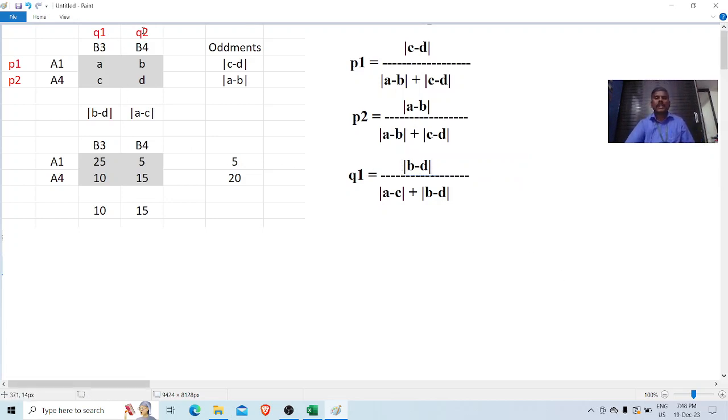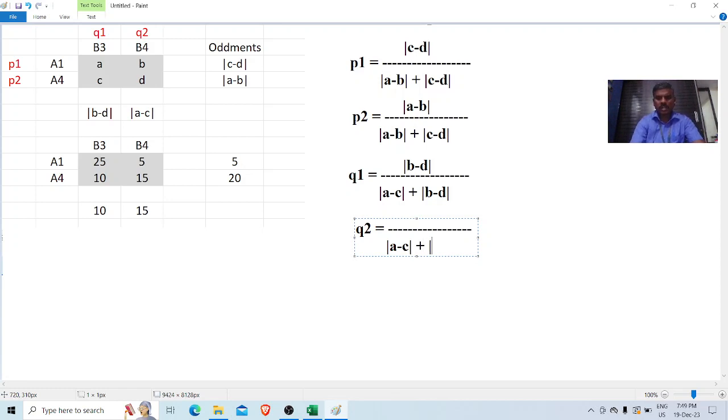Then we will calculate the probability of using strategy 4 by firm B, that is Q2. Q2 is equal to, first we will fix the denominator. The denominator is again same denominator, which is modulus of A minus C plus modulus of B minus D. What is our numerator?